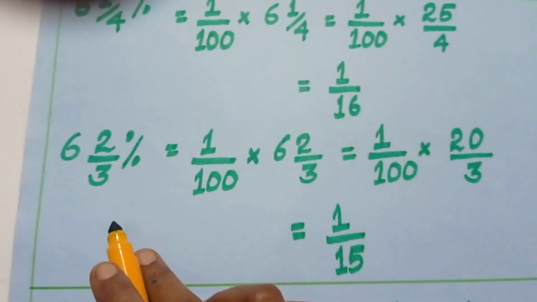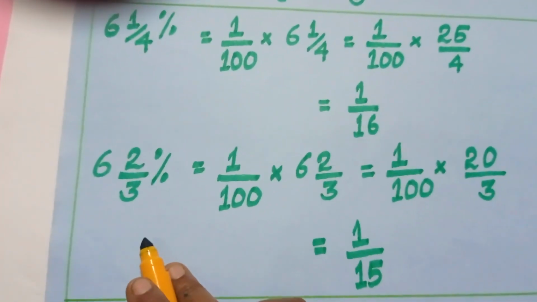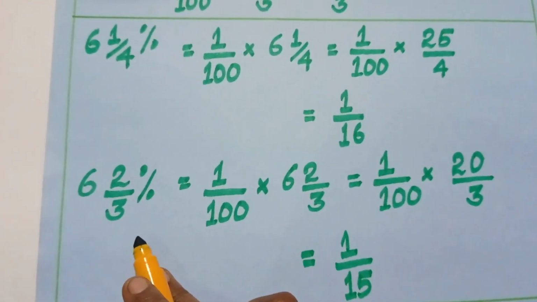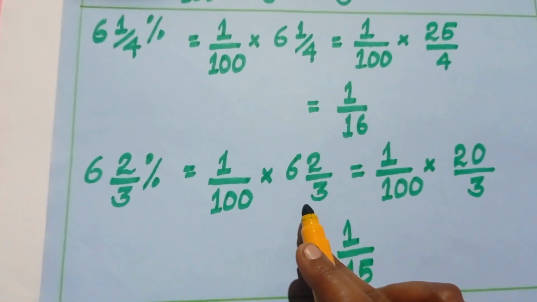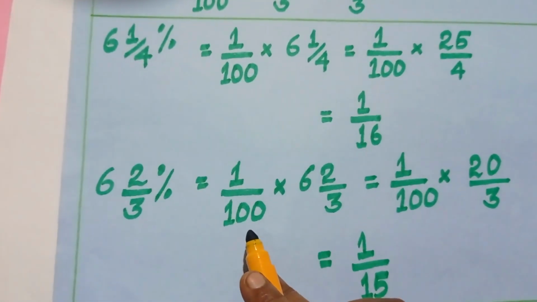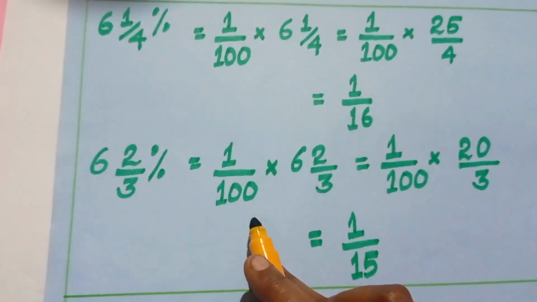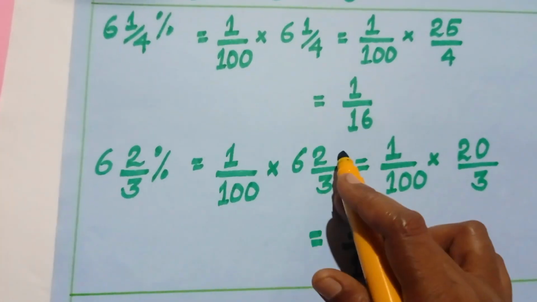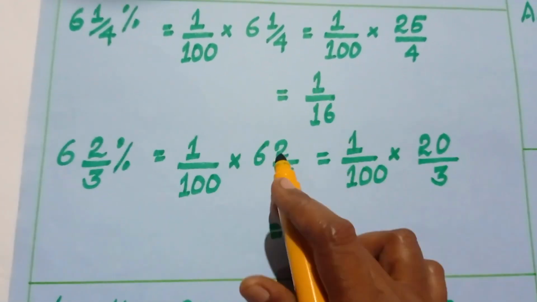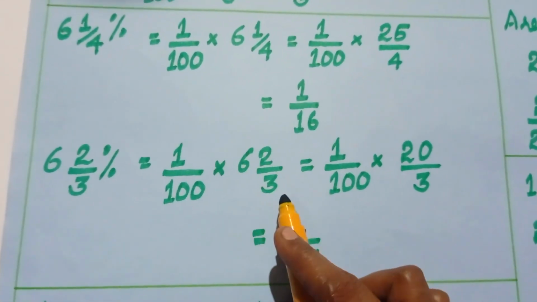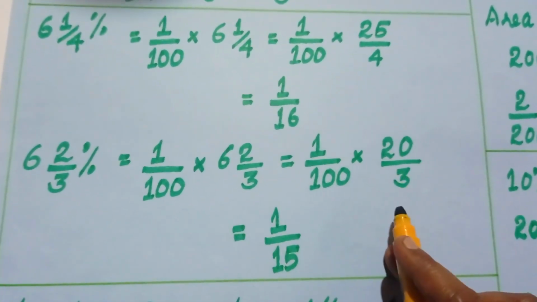Another question, 6 and 2 by 3%. 6 and 2 by 3% means 6 and 2 by 3 times of 1 by 100. That is 1 by 100 into 6 and 2 by 3, which can be written as 20 by 3.